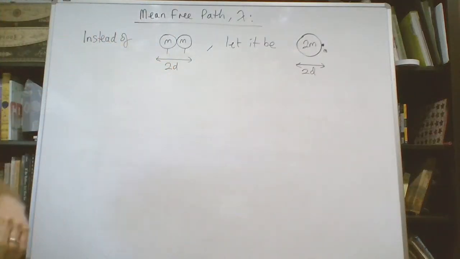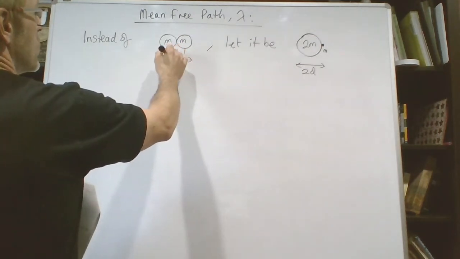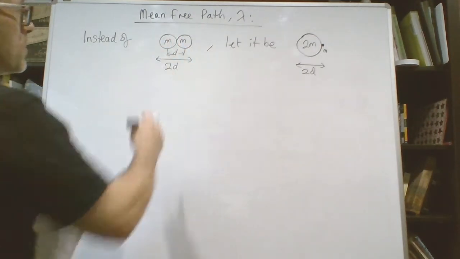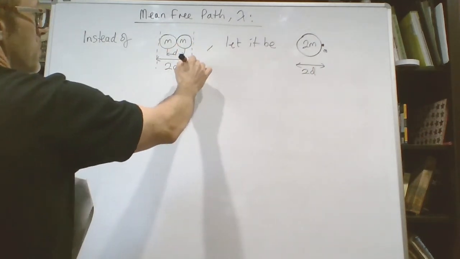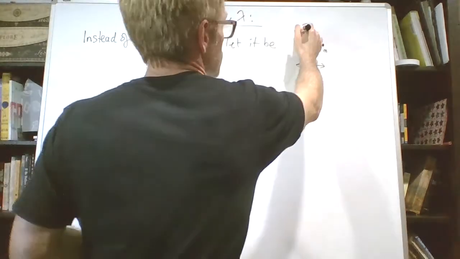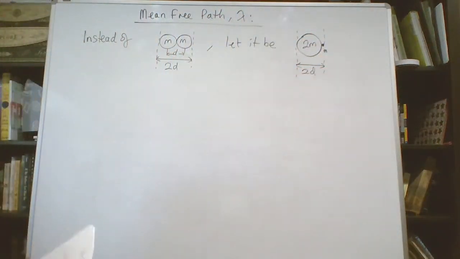So D here is the diameter, twice the diameter, or you could have the regular diameter there. Okay. So just to orient you with our assumption, the assumption is just to simplify the mathematics.